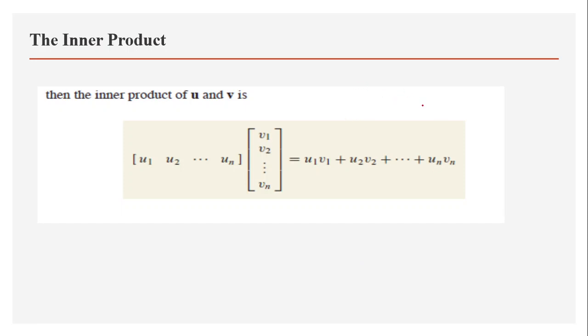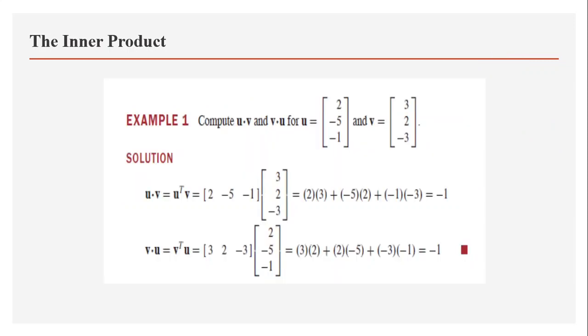So u dot v is equal to u transpose v. That means this is 1 by n, this will be n by 1, so that matrix multiplication will result in a single real number, a scalar. Suppose this is equal to some c, which belongs to the set of all real numbers.